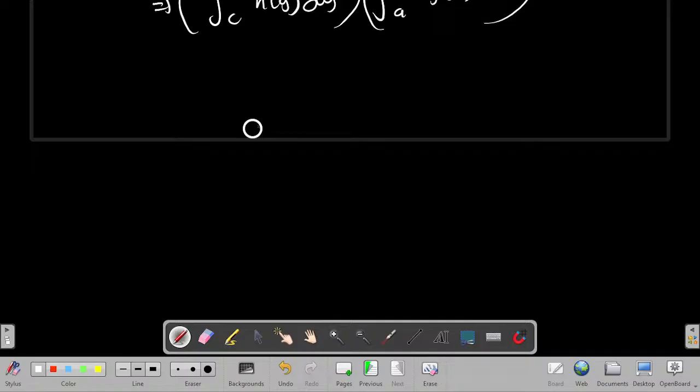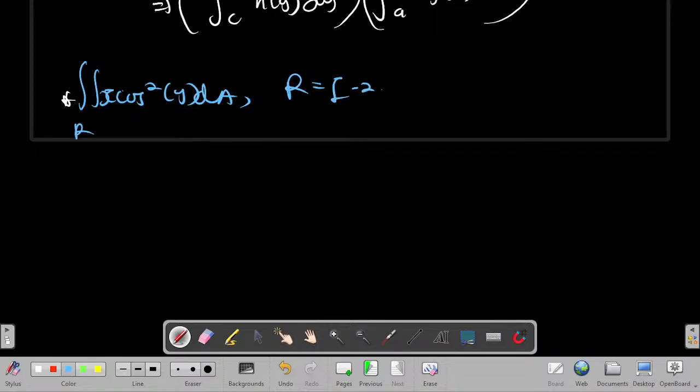I have the double integral of x cosine squared of y dA, where my region R is simply a rectangular region, negative 2 to 3 for x, and 0 to pi on 2 for y.